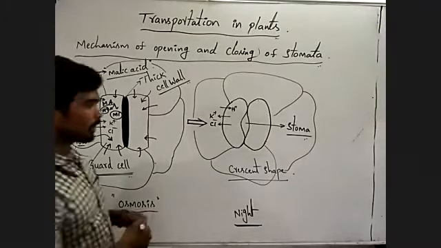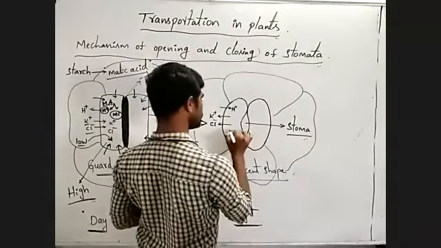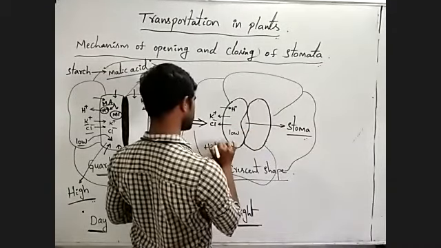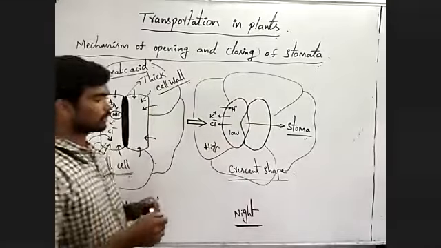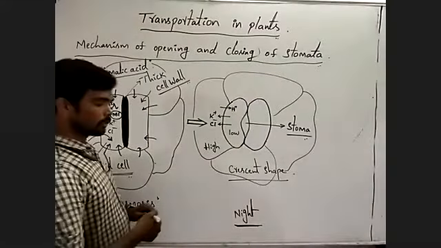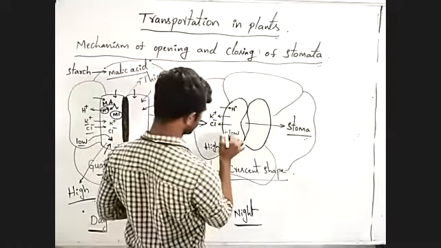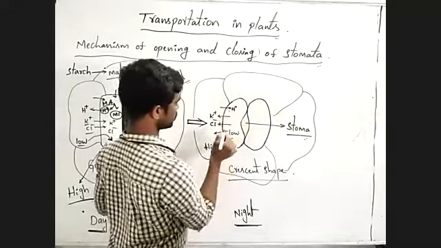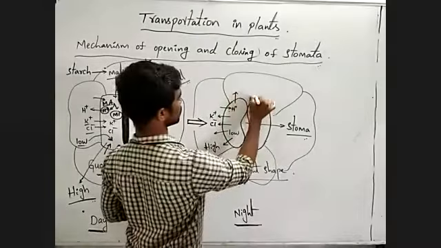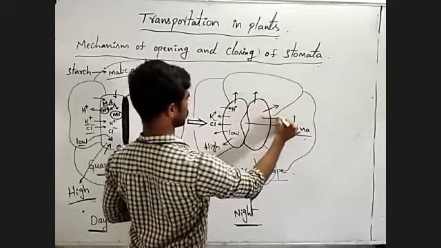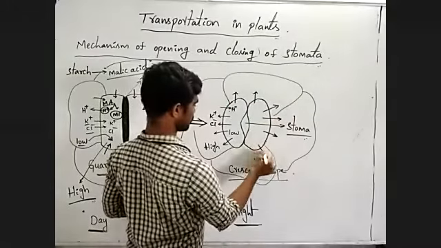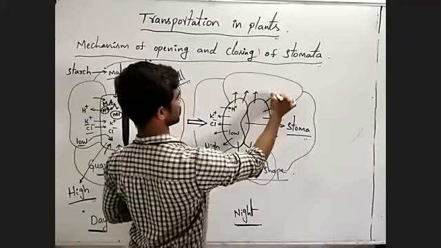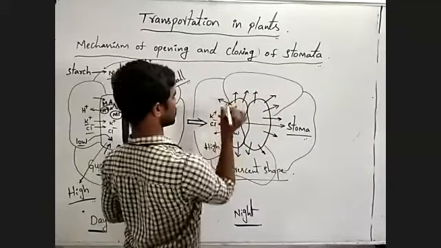Okay. Now the concentration in the guard cells becomes low when compared to the surrounding subsidiary cells. Based on the concentration gradient, water molecules move from the guard cells into the surrounding subsidiary cells.